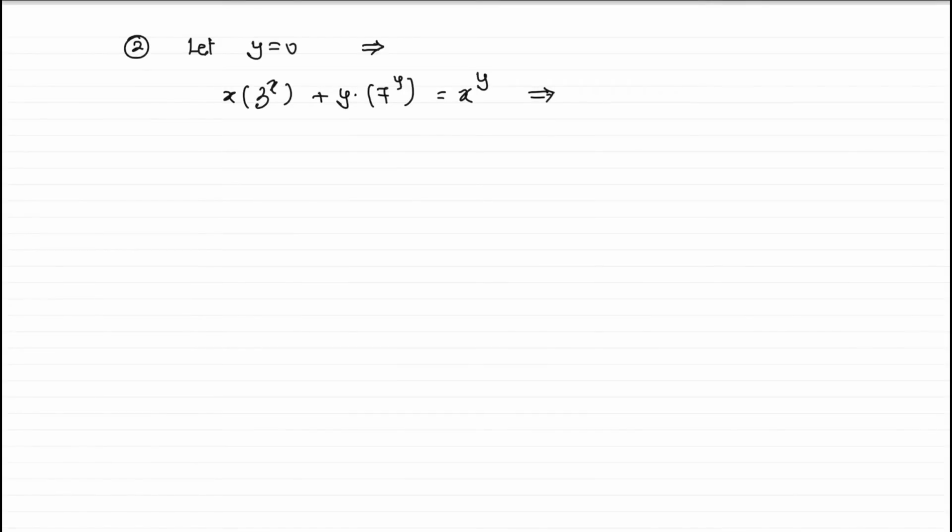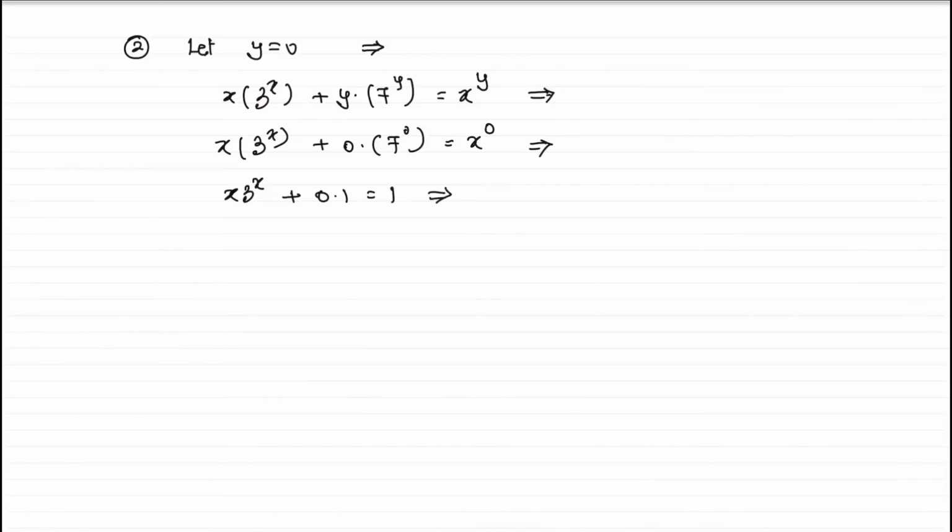As y is equal to 0, please substitute in this equation: x into 3 to the power of x plus 0 into 7 to the power of 0 is equal to x to the power of 0. That implies x 3 to the power of x plus 0 into 1, 7 to the power of 0 is 1, 0 into 1 is 0, equal to x to the power of 0 is 1. That implies x into 3 to the power of x is equal to 1.